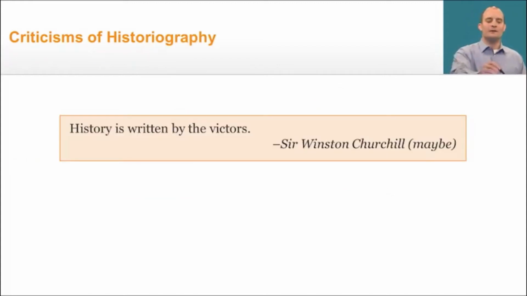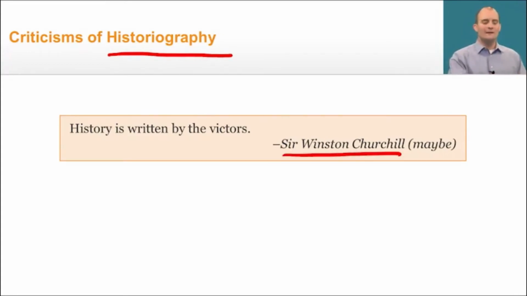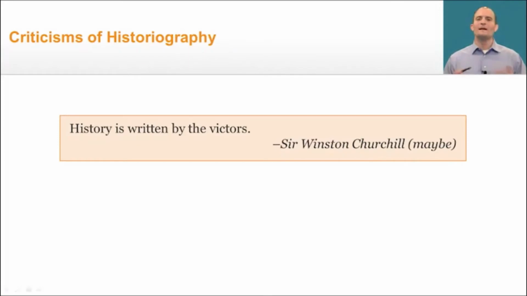Another criticism of historiography, or writing about history, is summed up in this quote, which Sir Winston Churchill may have said: history is written by the victors. Let me give you a real-world example. A textbook written in the 1700s about colonialism from the British perspective, the colonizers, would be very positive.